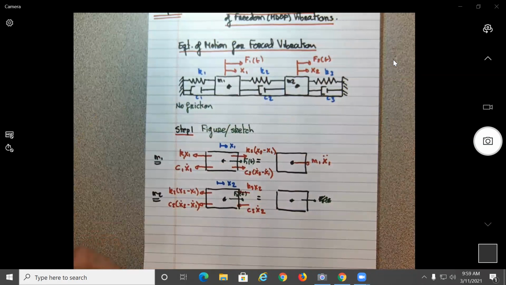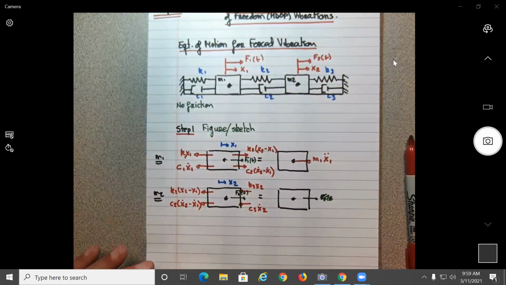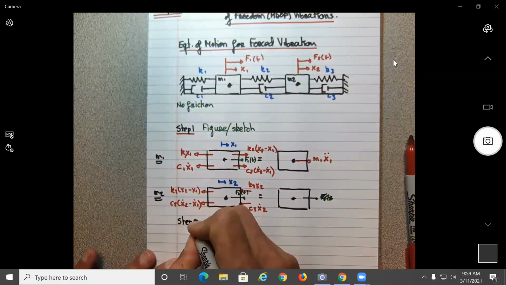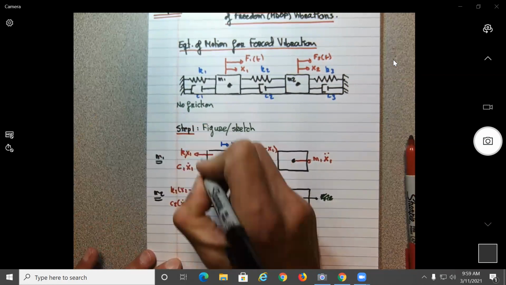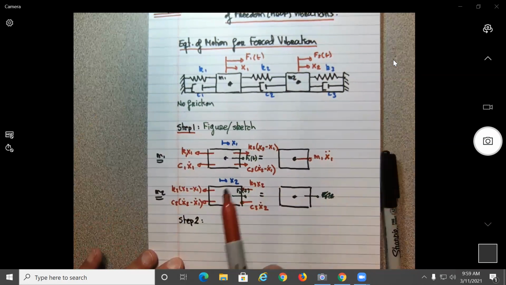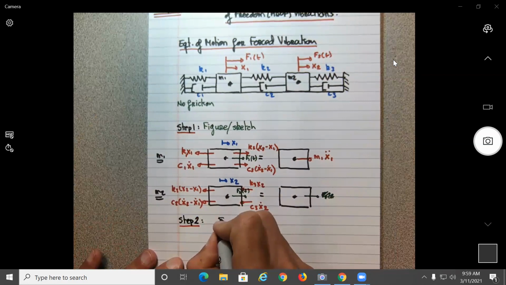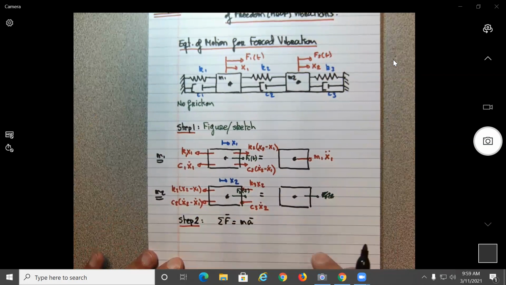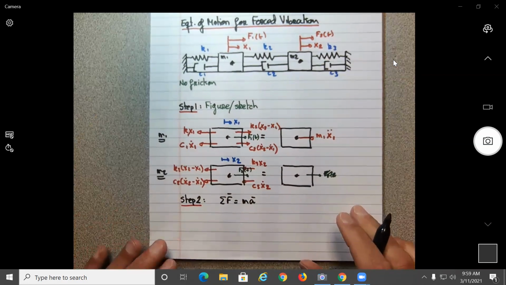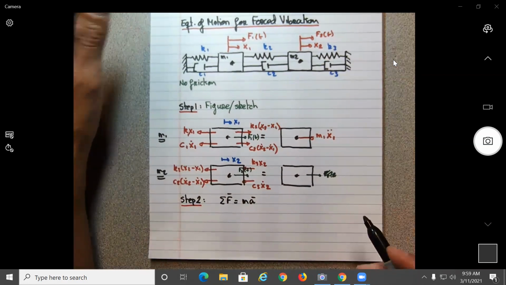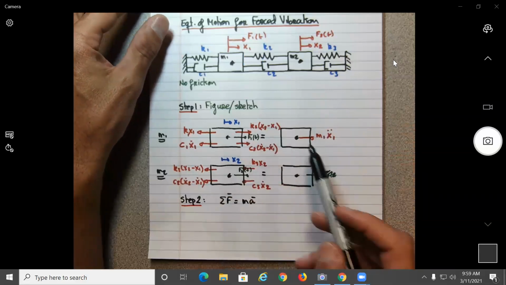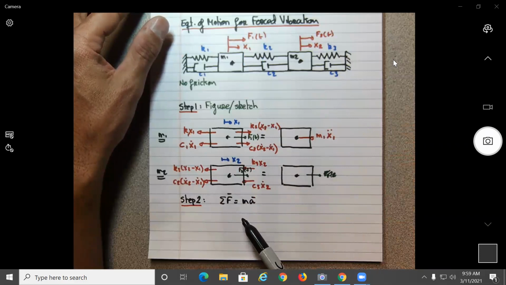All right. So now, step 2, what is step 2? Step 2 is to write down the equation of motion by just writing the equation, summation of forces equals M A. On an exam, I want to see the procedure, and to me, if there is no figure, there is no way for you to get the equations.